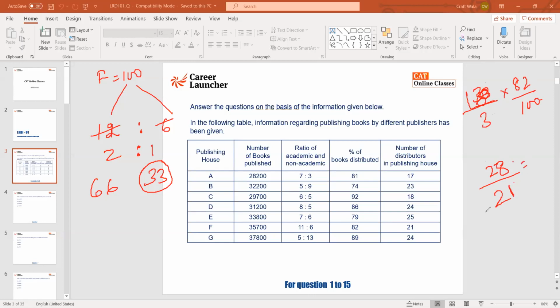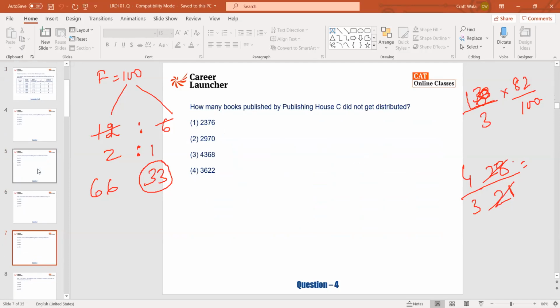So how much will each get? If I cancel this, it comes out to be 4 by 3, so that will be 1.33, somewhere around 1.3, 1.4. What is the question asking? Let's see. Was it academic or non-academic?